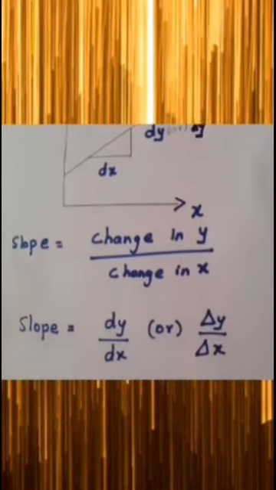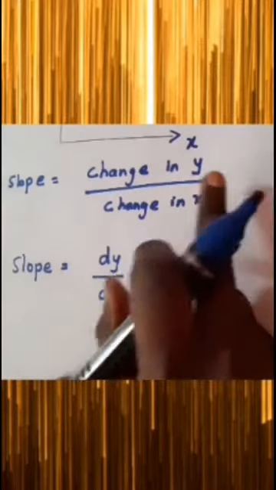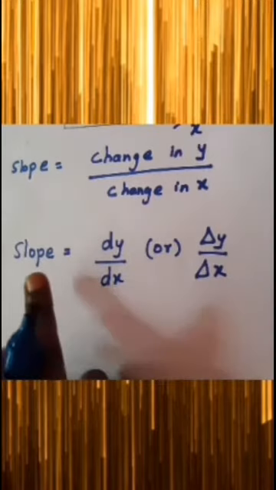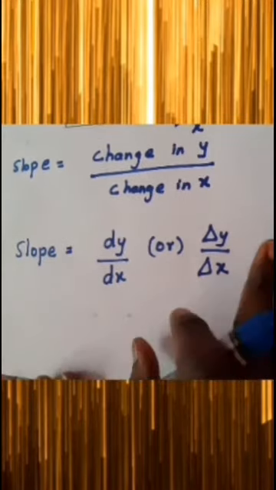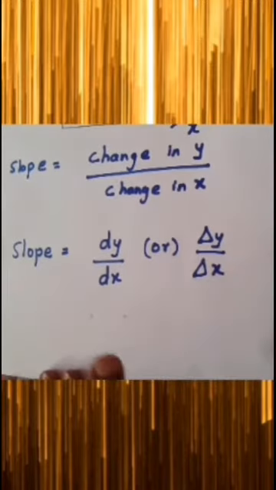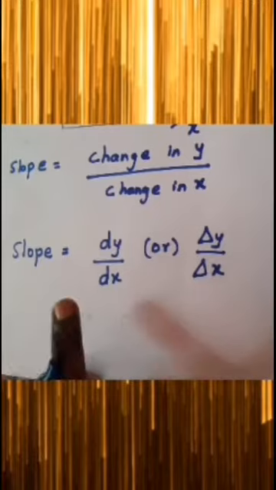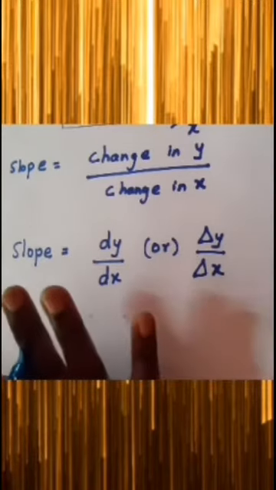We know the definition of slope, right students? Slope is the change in y variable divided by the change in x variable. Slope is equal to dy by dx, or we can write it as delta y by delta x. Derivative is basically related to slope.